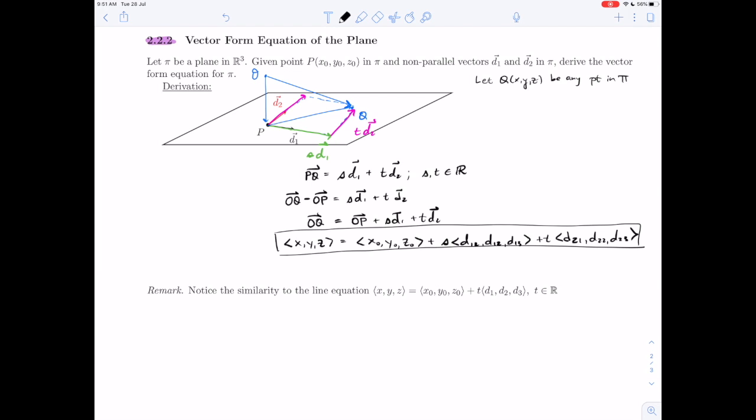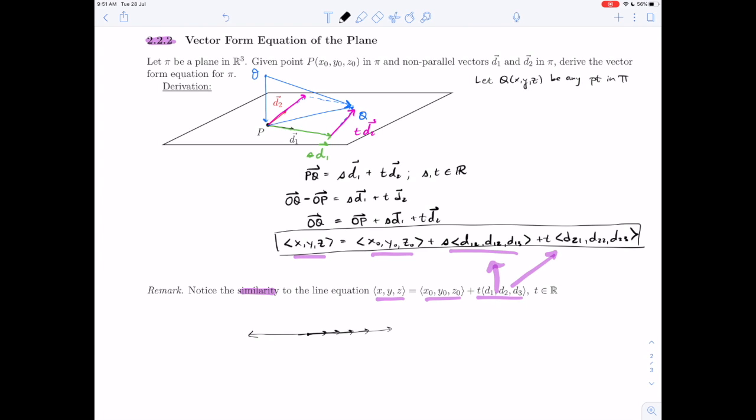So I want us to remark upon the similarity to our line equation, right? We have the x, y, z. We have a known point. We have a direction. Here instead we have not just one, we have two directions. And we'll remember for a line, we had a start point P, and we could use multiples of the direction vector to get anywhere along that line.